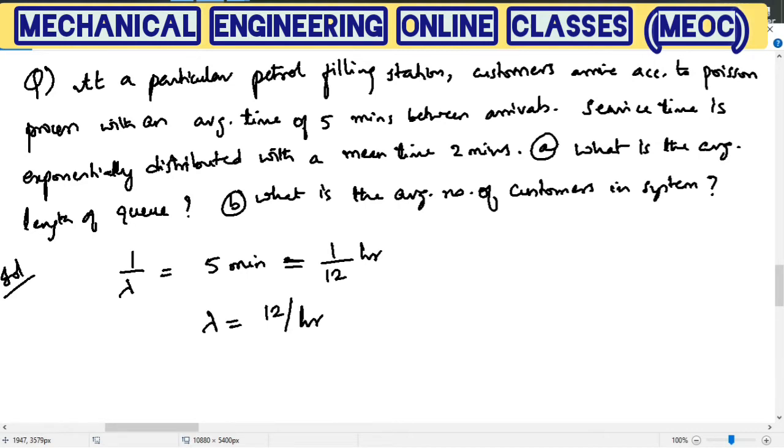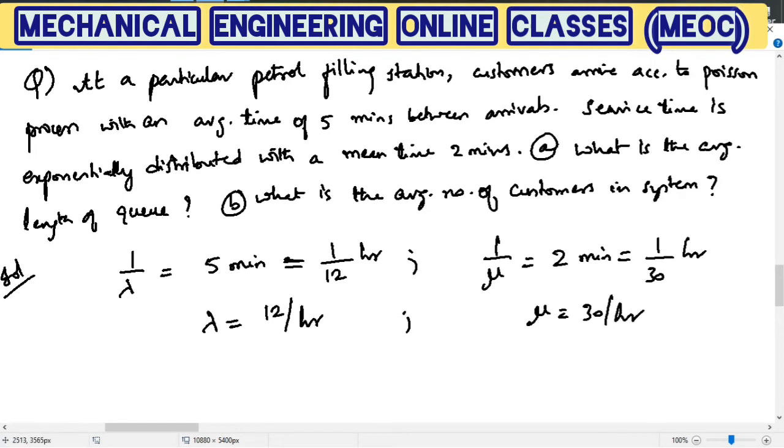This is the arrival rate. Similarly, the service is exponential, given as 1 by mu. It is given in minutes, right? So 1 by mu is 2 minutes, or 1 by 30 hours. So mu is 30 per hour.